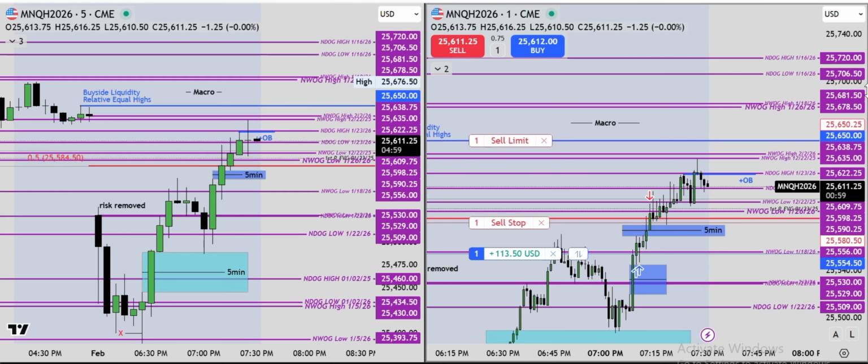I want to see closes above. Move my stop up just a little bit more, a couple of handles below that consequent encroachment of the new week opening gap.